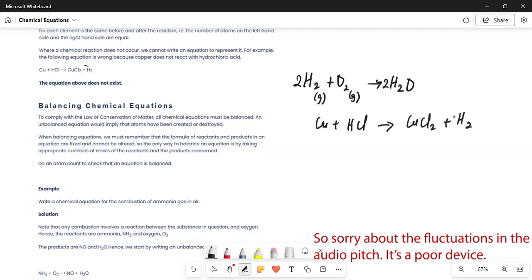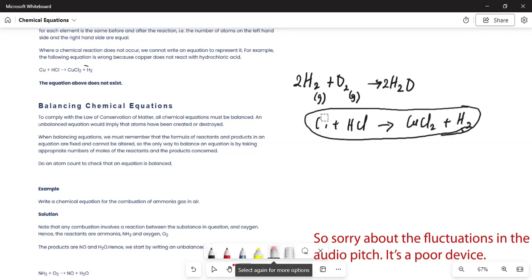This equation does not exist because copper does not react with hydrochloric acid. I decided to write it because I want to make a point. Even though looking at it, it seems correct, it doesn't exist. So the point here is that for a reaction that doesn't occur, we cannot use a chemical equation to represent it.